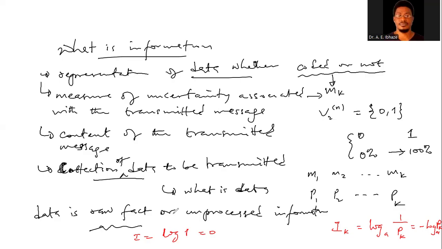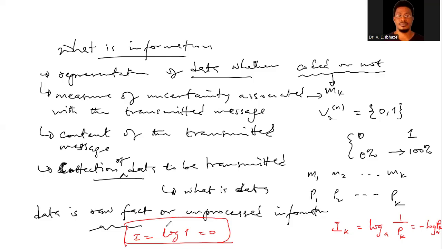So you now see that for us to be able to vary the amount of information contained in the message symbol, this mathematical tool forms a basis for our description.